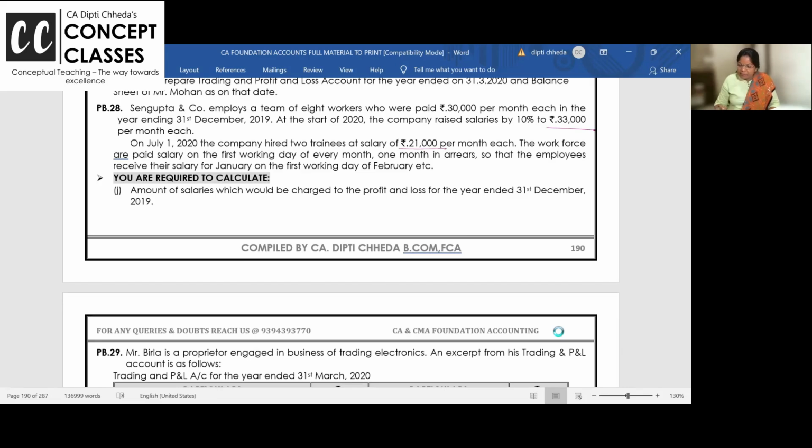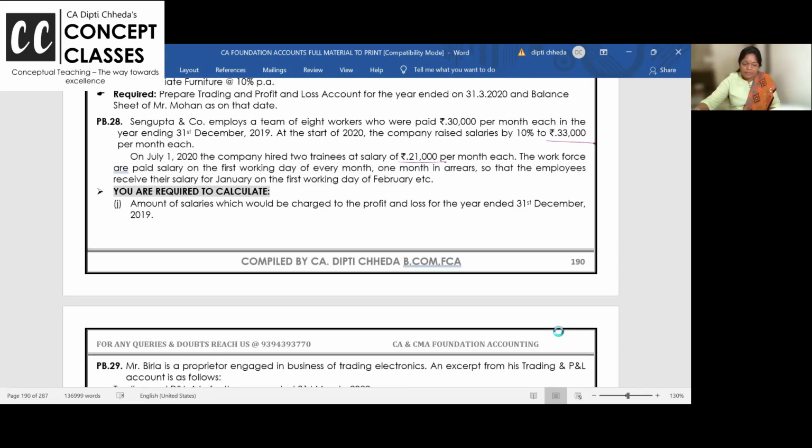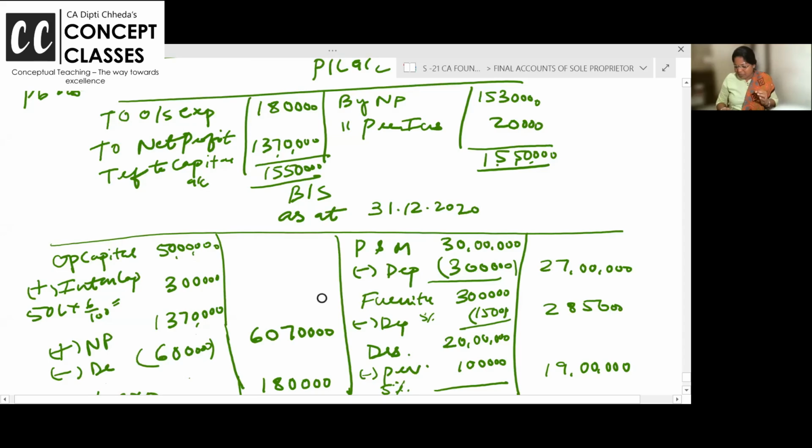The second bit they have asked is the amount of salary actually paid, and the third is the outstanding. If salary for the year is 12, paid may be 11 and 1 will be outstanding. You just have to show this calculation for a 5-mark problem.